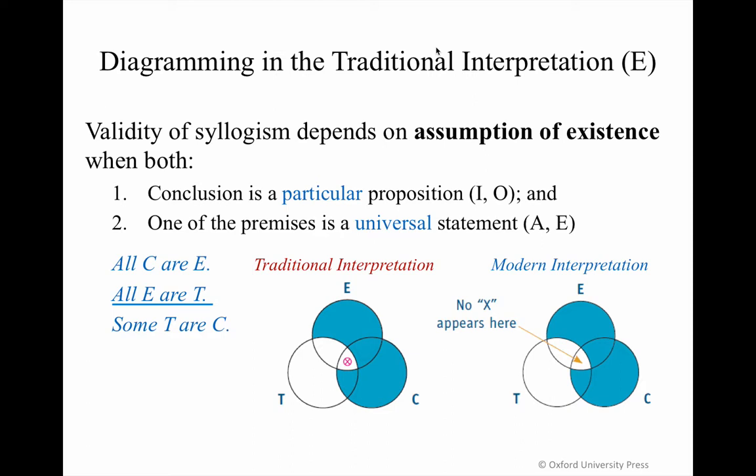On the traditional interpretation, since we assume a member of the C class exists, we assume a member of the E class exists, it follows that some T are C. We'll see that when we get to the rules, that rule 6 is not violated. All right, so let's put this into practice, this being the traditional interpretation that assumes existential import for universal claims.